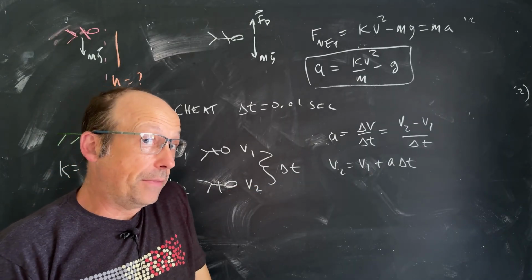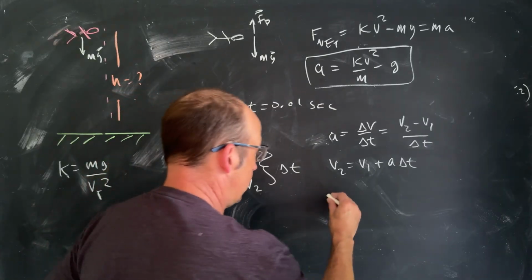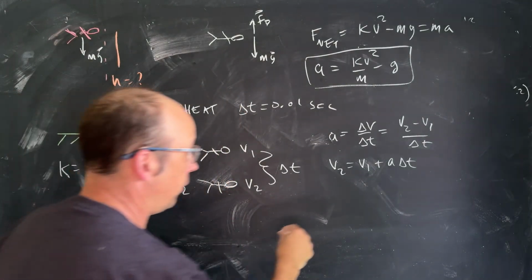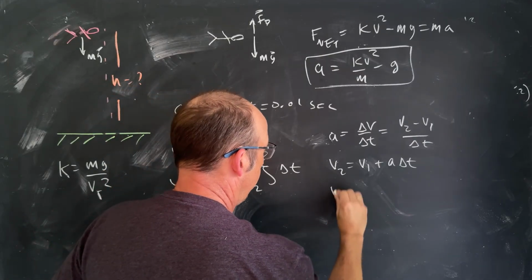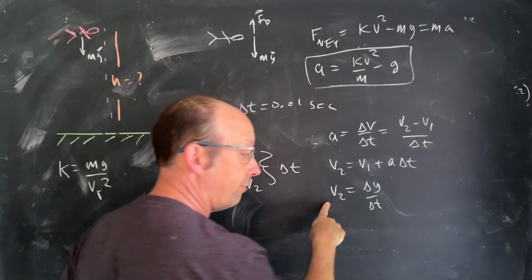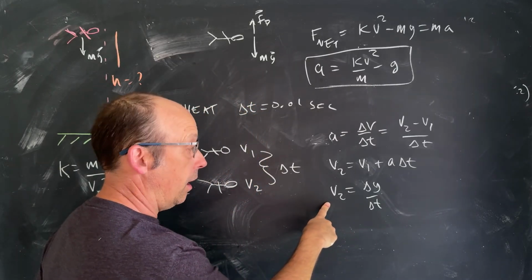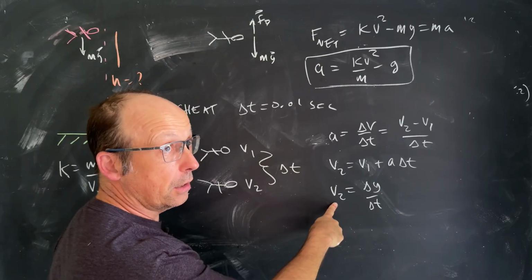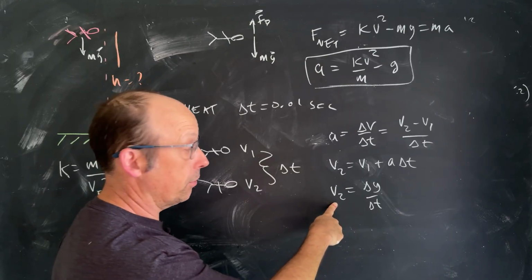Now I can do the same thing with position. So I can say, because I do need to know the position because I want to find out how far they fall, let's say v2 is delta y over delta t. So this is the definition of velocity, but we're going to use the final velocity, which is cheating. We're double cheating. We're cheaters that cheat. That's what we're doing.